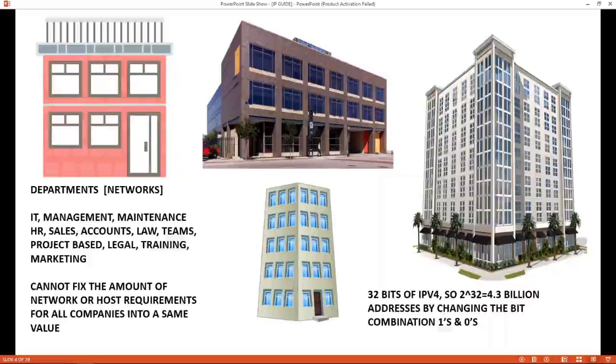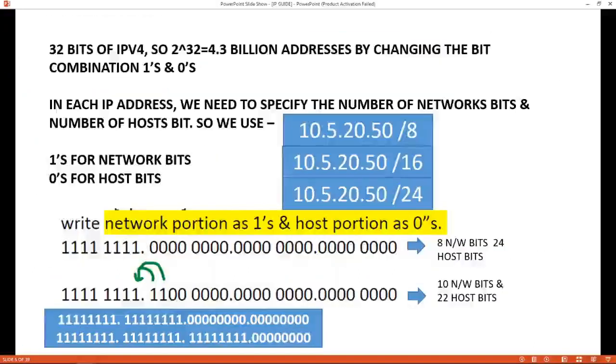So as per our previous example, we saw that from company to company the network requirements and the host requirements are going to be different, right? So let's say you have a small network requirement.